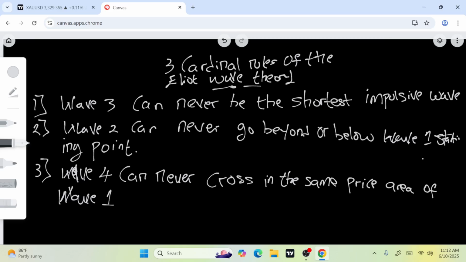Now see this, wave 4 can what? Never cross in the same price area of wave 1.